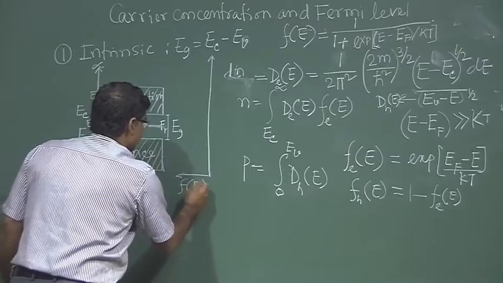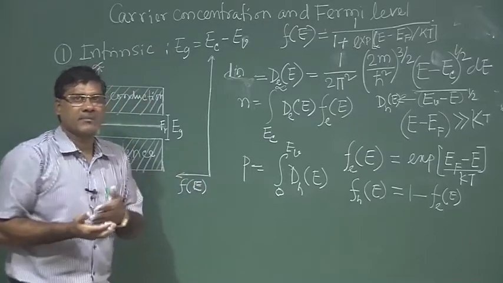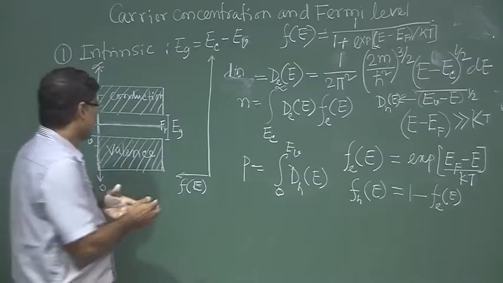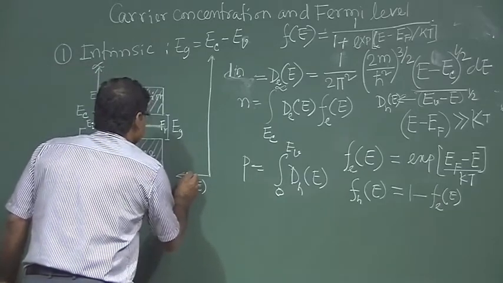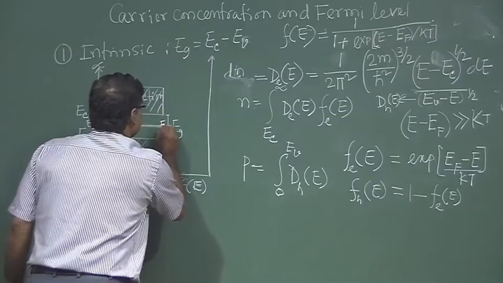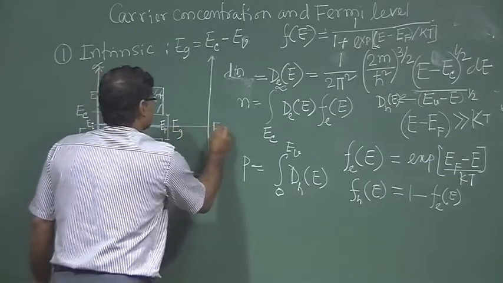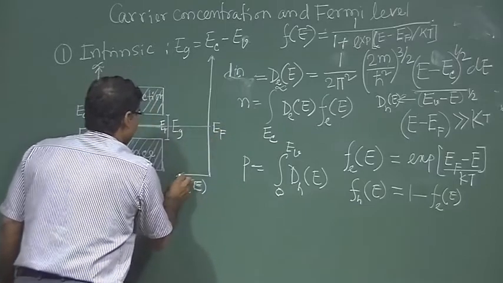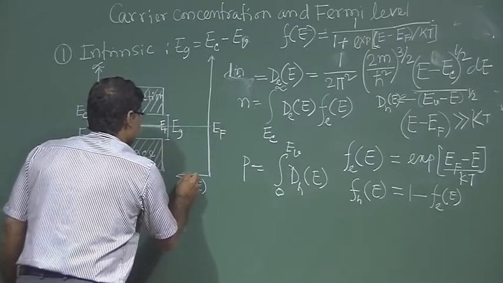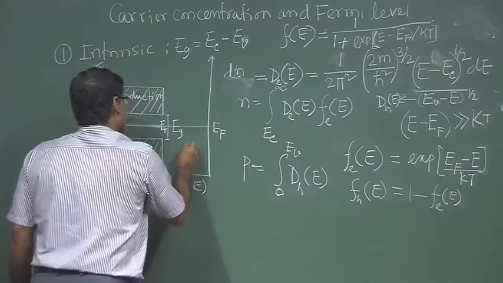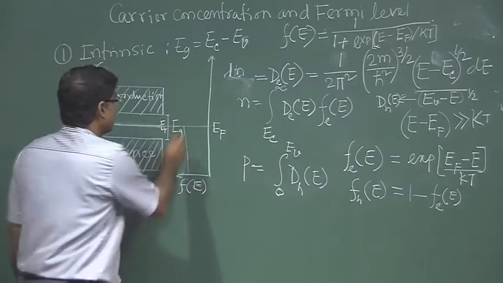Okay. What was that for temperature at T equal to 0? So, it was like this. So, up to Fermi level, it was 1, and then 0.